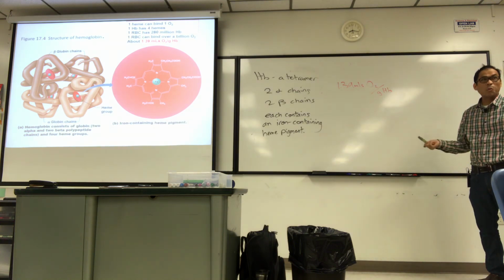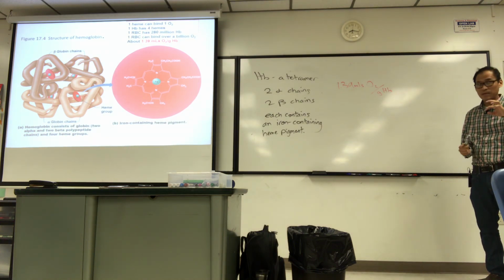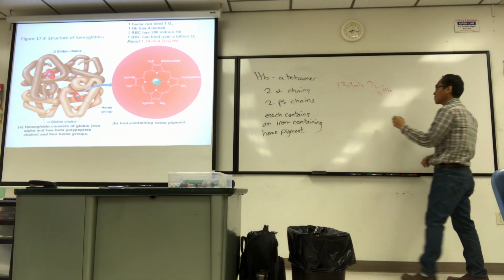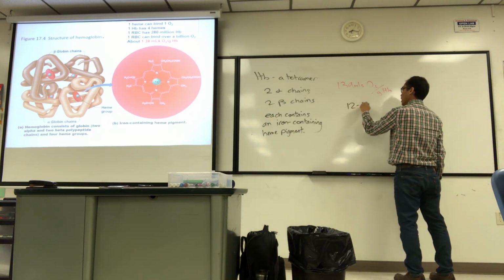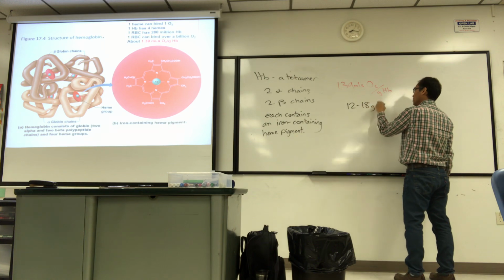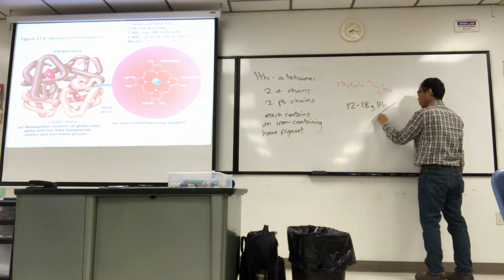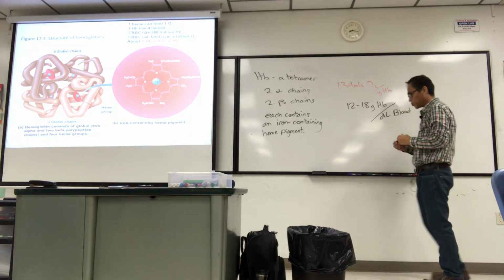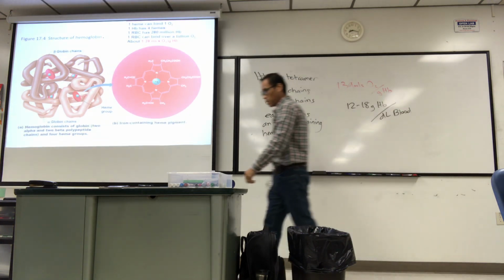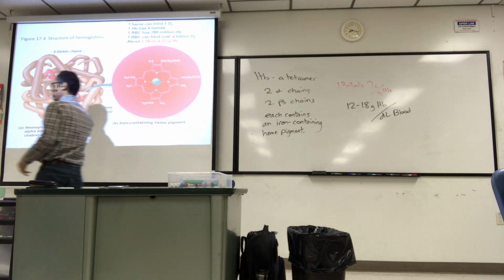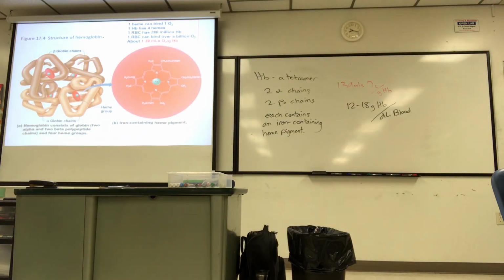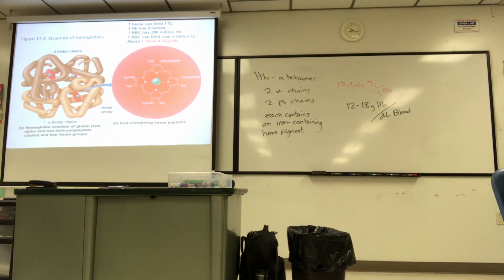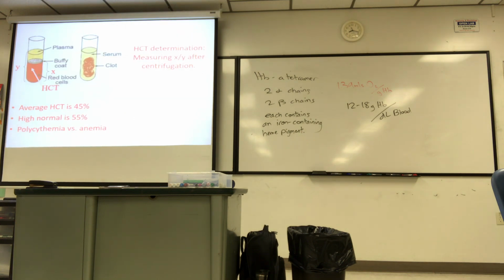Something like 12 to 18 grams per deciliter of blood in a normal person. 12 to 18 grams Hb per deciliter of blood. A deciliter is 100 mL. Deciliter is more commonly used in other units than I've seen. So, all right, that's the oxygen carrying capacity of hemoglobin.